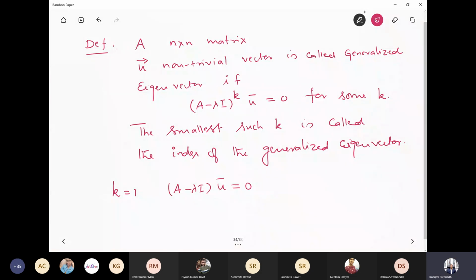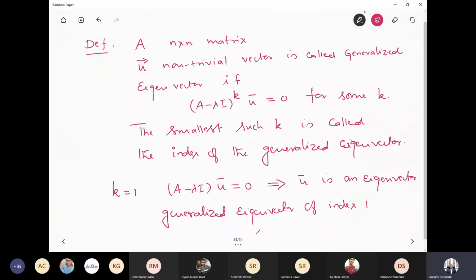That is, the generalized eigenvector of index 1 is an eigenvector.